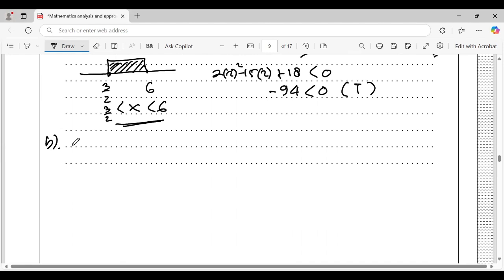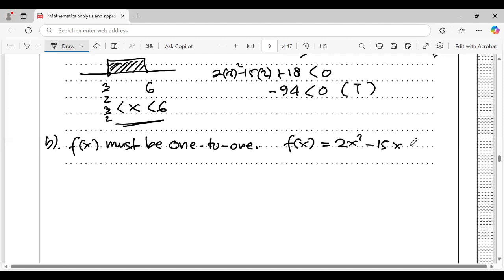For f(x) to have an inverse, it must be a one-to-one function. But if you look at this function, f(x) equal to x squared minus 15x plus 18, it is not a one-to-one function.